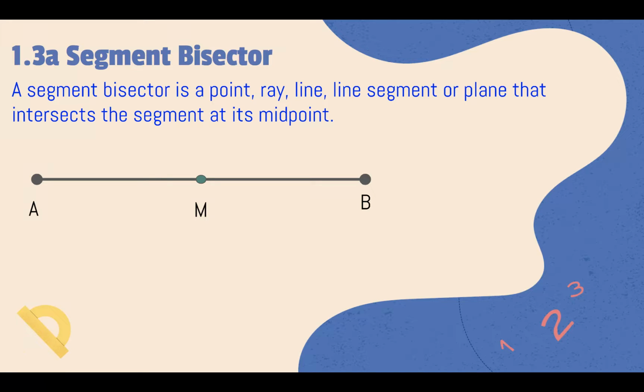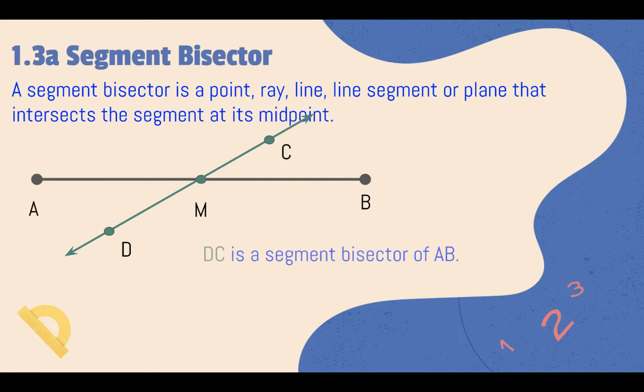In this case, if you're bisecting a segment, you're cutting it into exactly congruent pieces. So for example, this green line DC intersects segment AB at its midpoint M. So we say that line DC is a segment bisector of segment AB. You could also just say that line DC bisects segment AB.